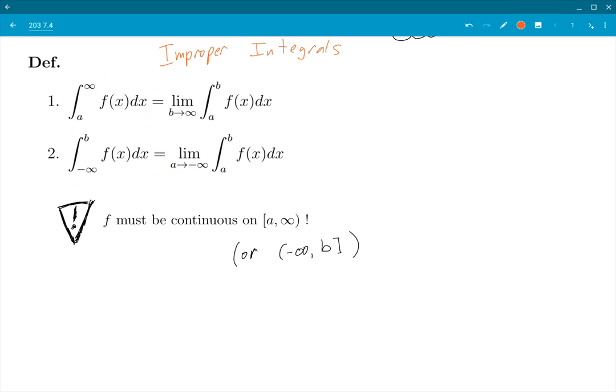So the idea is when confronted with this, we will replace it with this limit. Don't forget this stipulation about continuity.